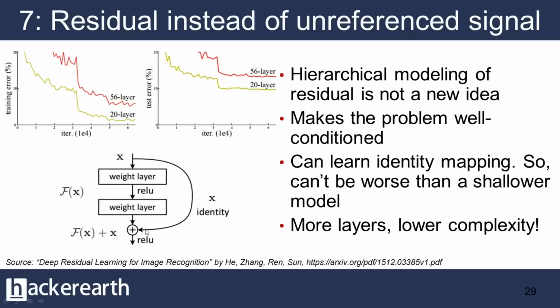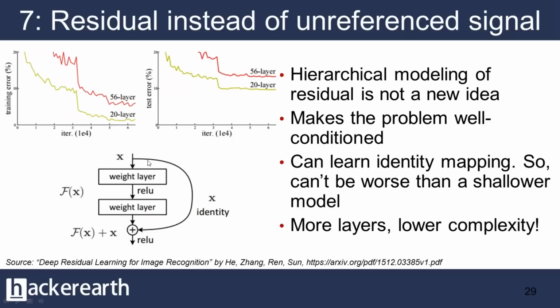Let's say you have a shallower network up here and you add a new layer. If nothing else, it will set these weights to 0 and it will be able to pass the signal as it is forward. So it will at least be able to do an identity mapping. So it should not add any error if you add more layers. So this gap should be reduced.